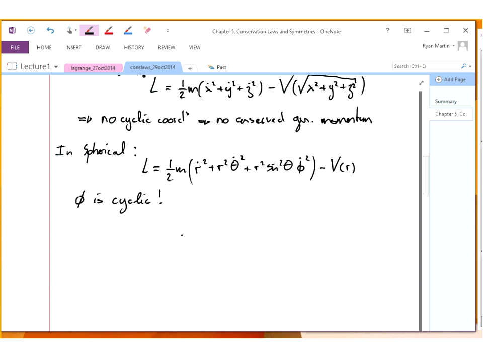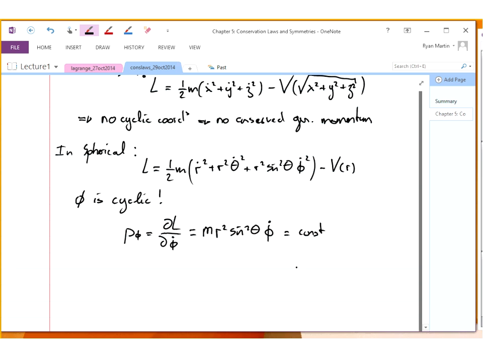So p phi, which is given by dL/d phi dot, in this case is equal to m r squared sine squared theta phi dot, and that's got to be equal to a constant.